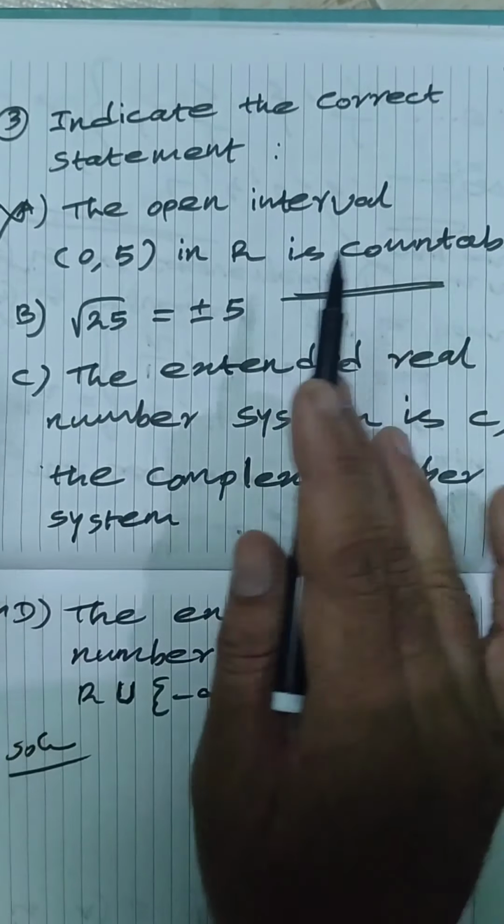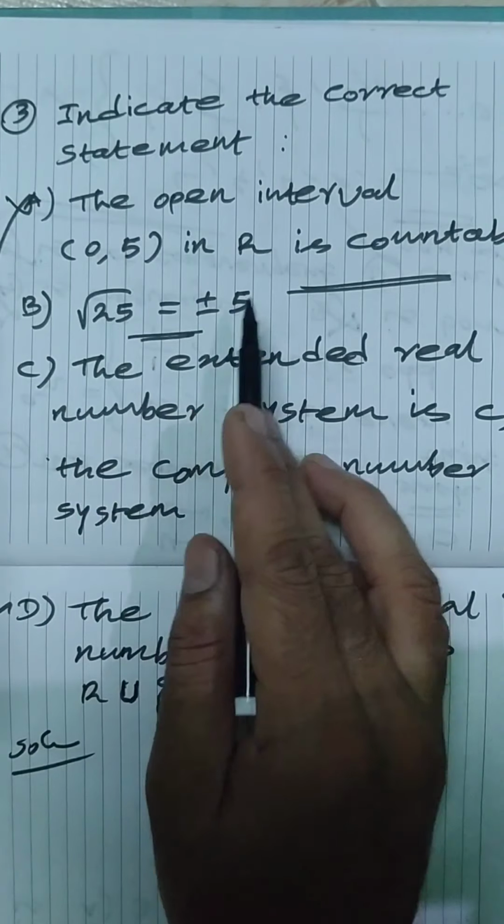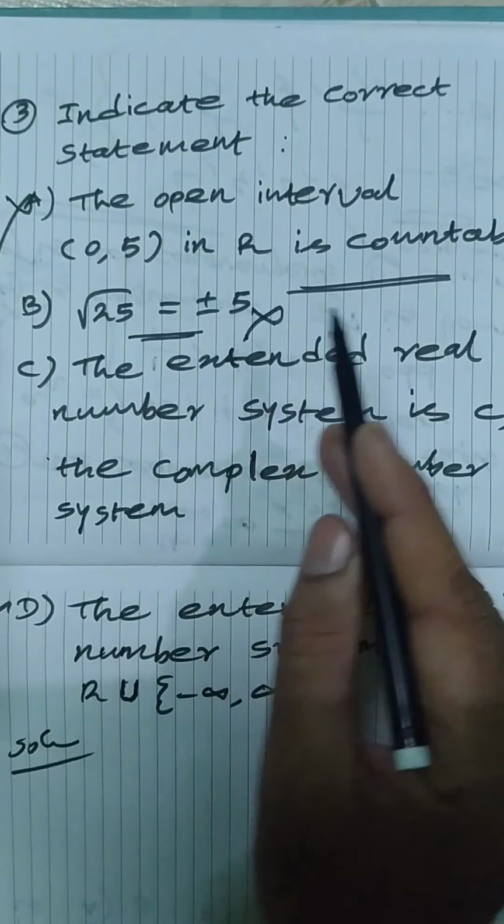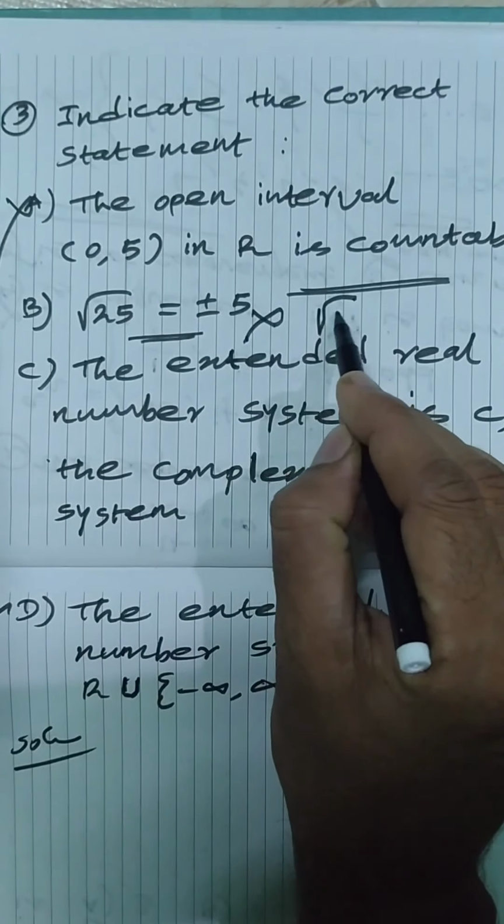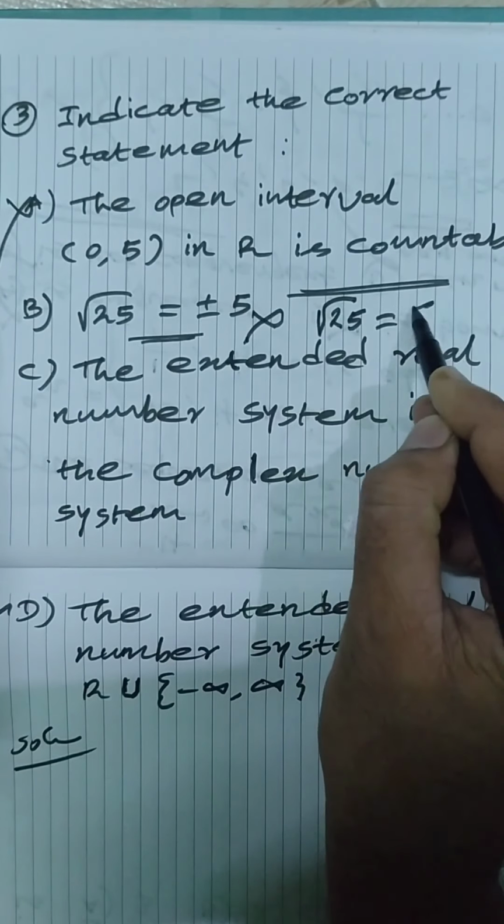Next, it's a very... √25 is plus or minus 5, which is wrong actually, because the √25 value is 5 only.